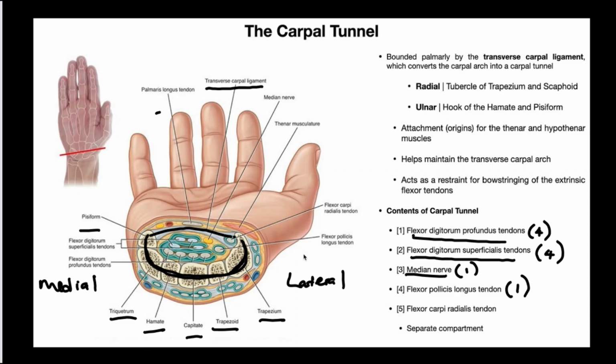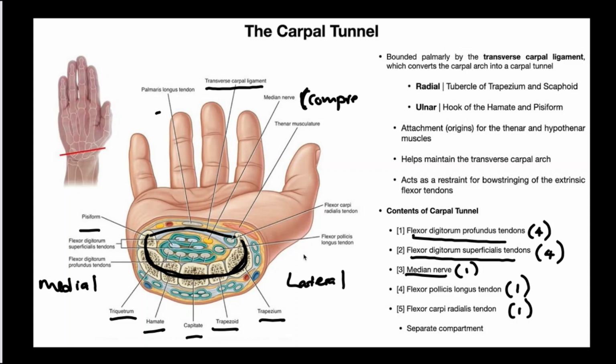And then you've got the flexor carpi radialis tendon, 1. So you've got about 11 things that pass through the carpal tunnel. You must know how to draw the carpal tunnel, and you must know the tendons of the carpal tunnel. Carpal tunnel syndrome is compression of the median nerve.